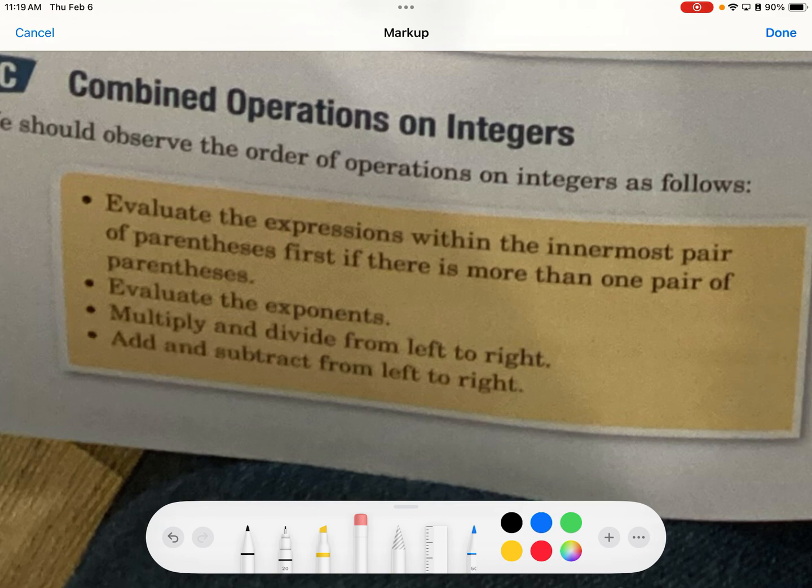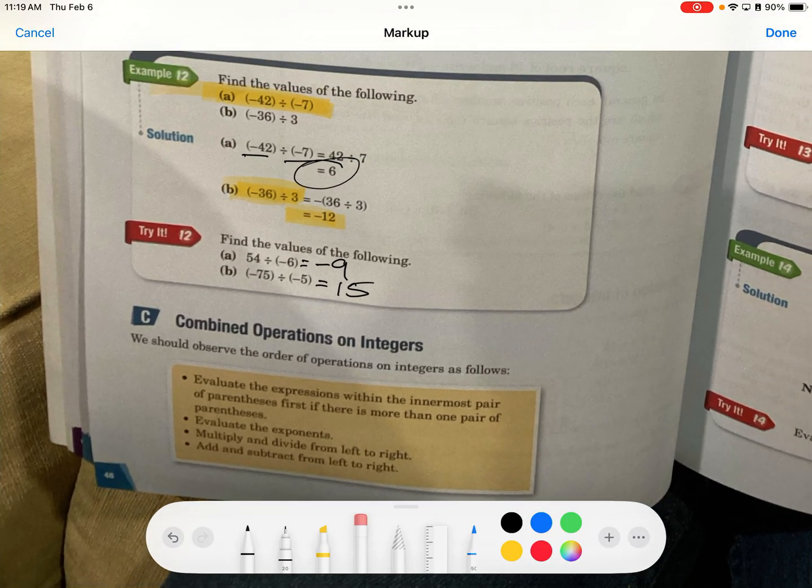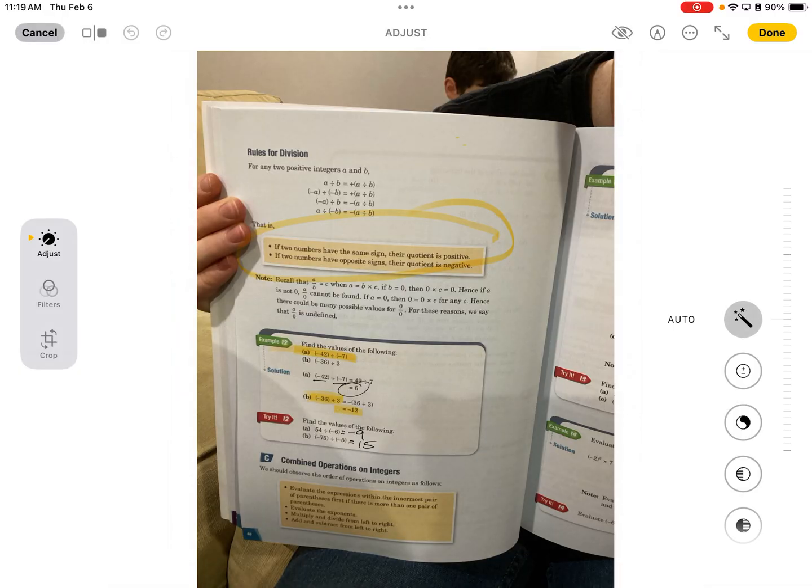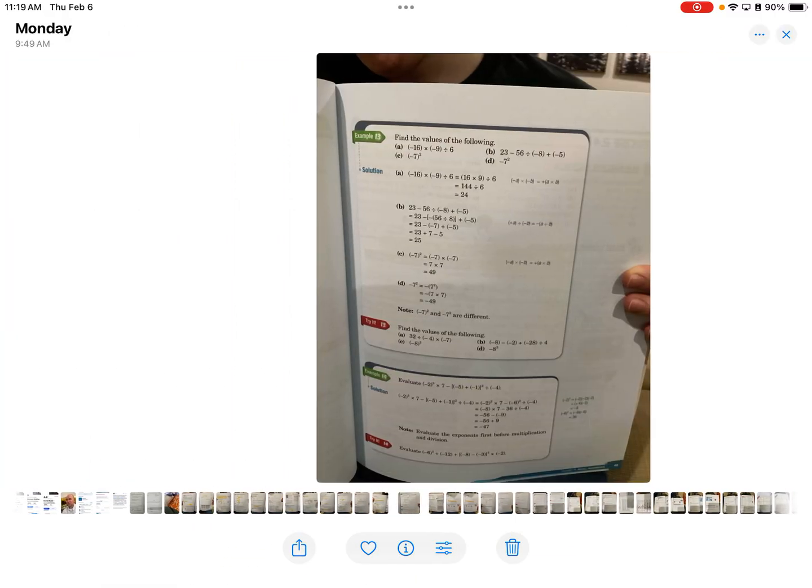Evaluate the exponents. Multiply and divide from left to right. Add and subtract from left to right. So, combined operations. This is like PEMDAS, but now you can view PEMDAS in a different way. But when you add it, it doesn't really matter, because you're going to get the same answer.